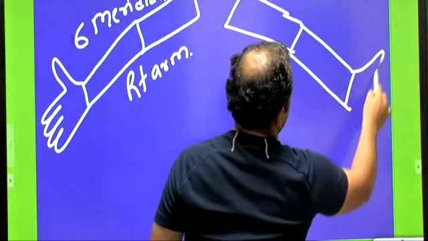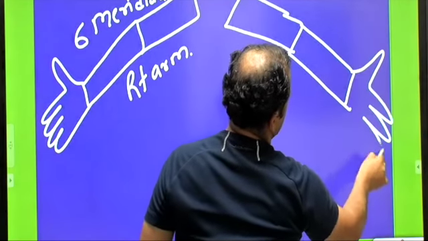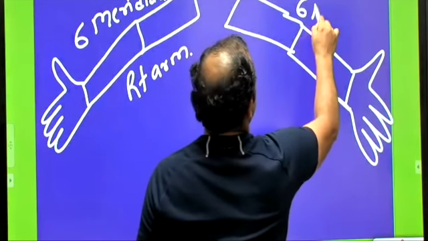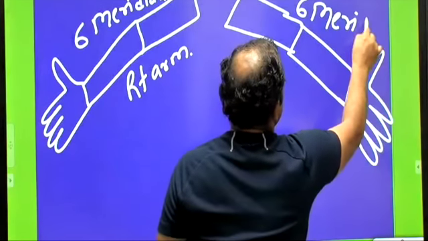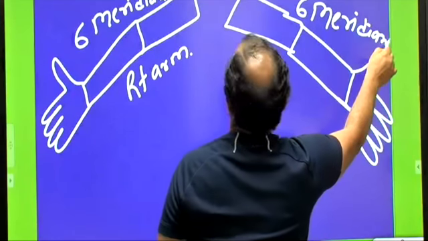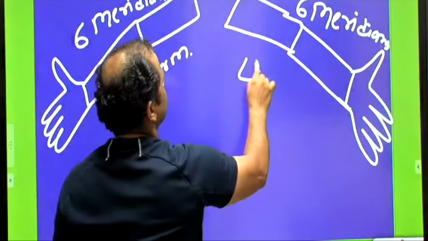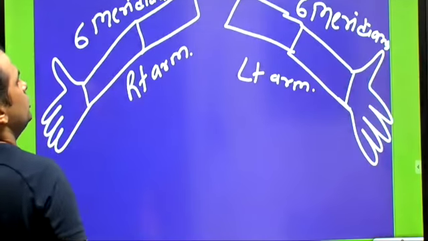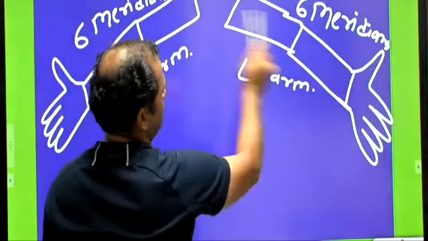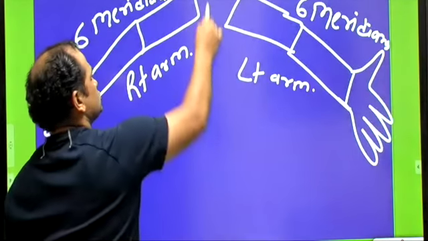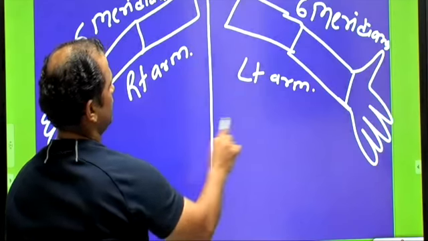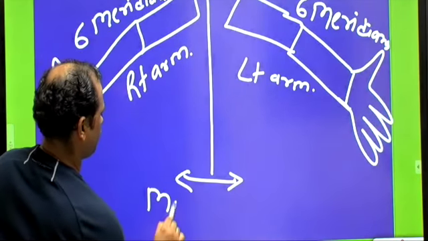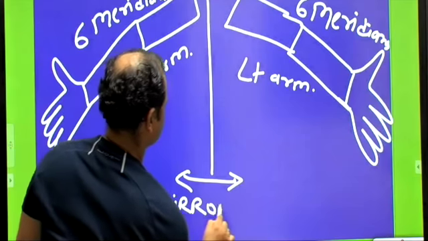So, in the arm we have a total of 6 meridians: the 6 meridians in the right arm and the same 6 meridians in the left arm. These meridians are like a mirror image.